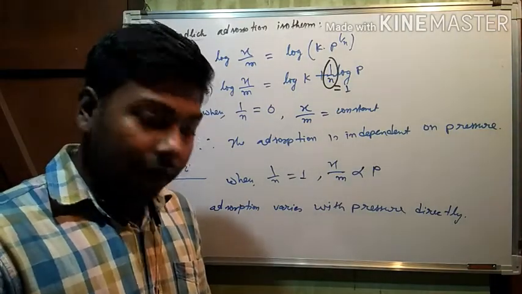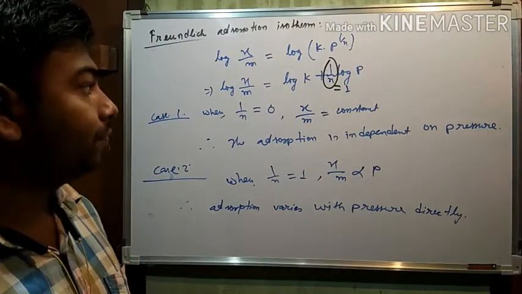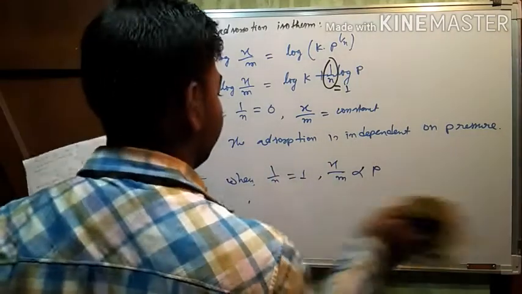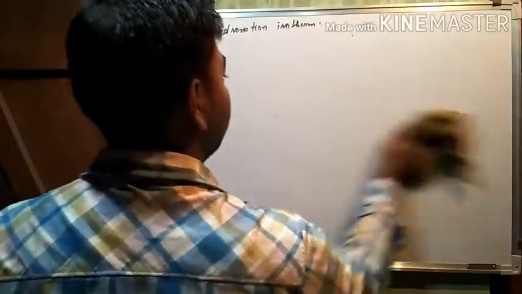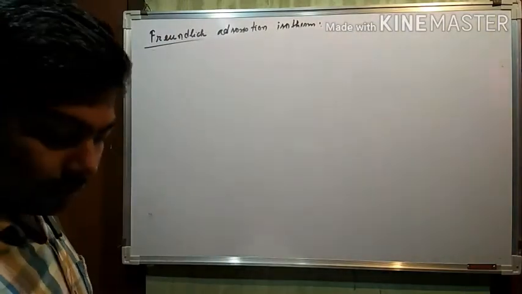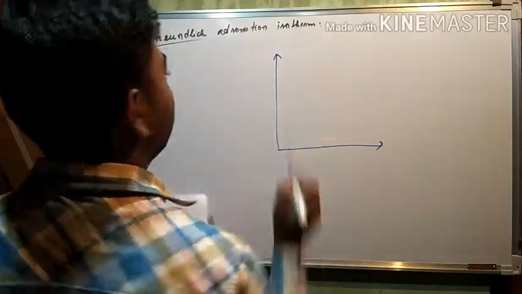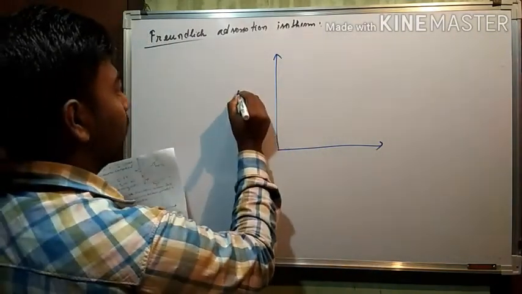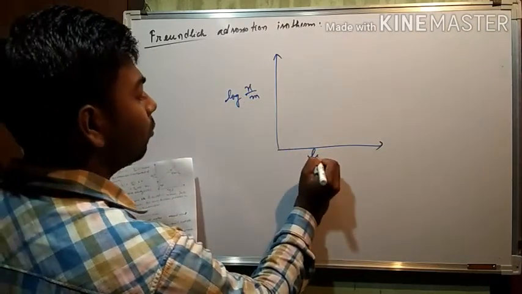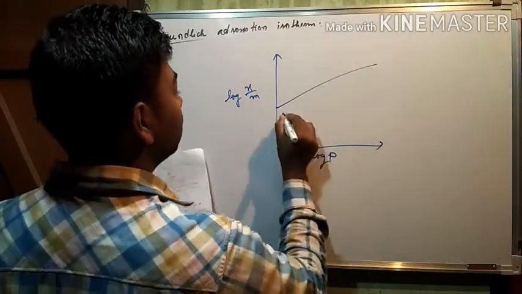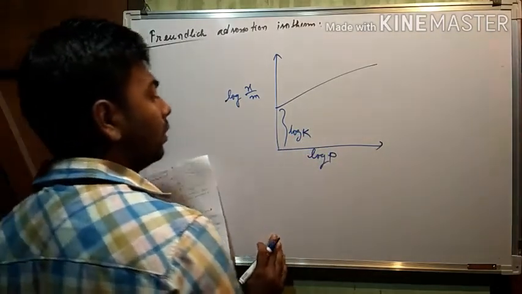Now, Freundlich's isotherm had some limitations. Okay? Now see. As we got, this one is the Freundlich adsorption isotherm. Here is, suppose, log of x by m, log of p. Here is the log of k.